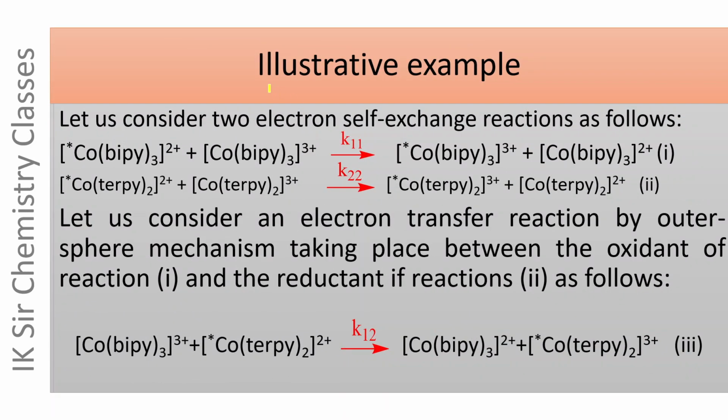Let us see an illustrative example of cross reaction. Let us consider two electron self-exchange reactions as follows. This one is electron self-exchange reaction number 1 with velocity constant K11, and this is another electron self-exchange reaction with velocity constant K22.